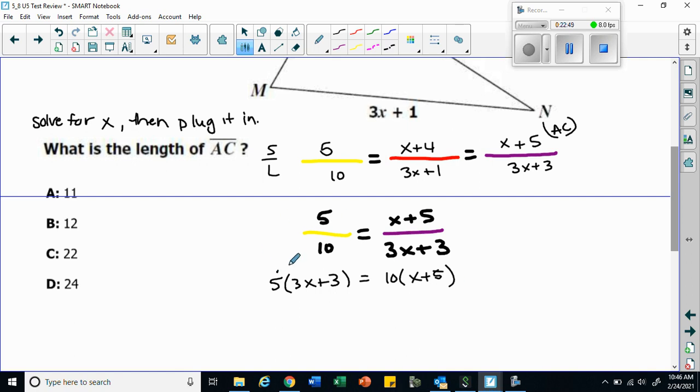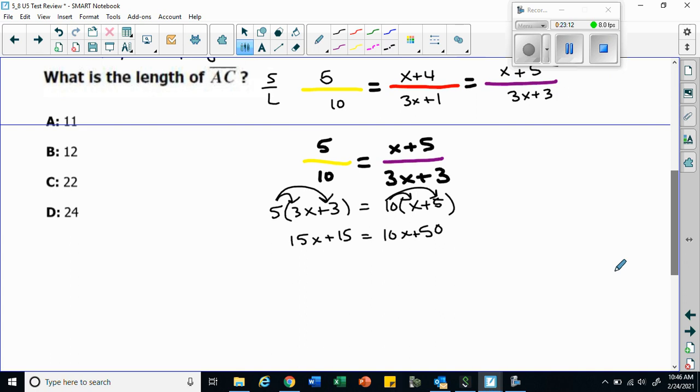Then we have to distribute, distributive property. 5 times 3X is 15X, plus 15, equals 10 times X is 10X, 10 times 5 is 50.